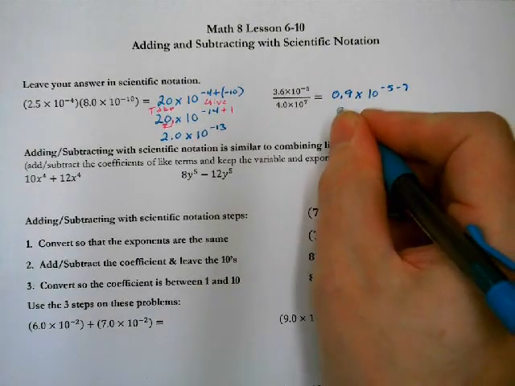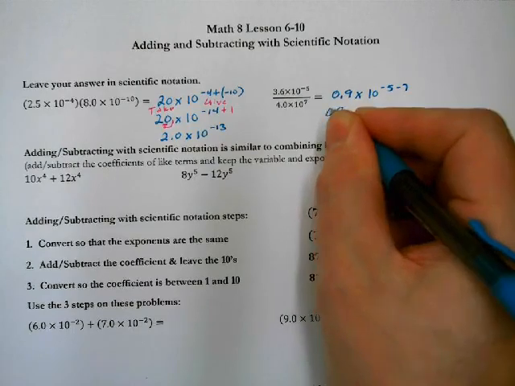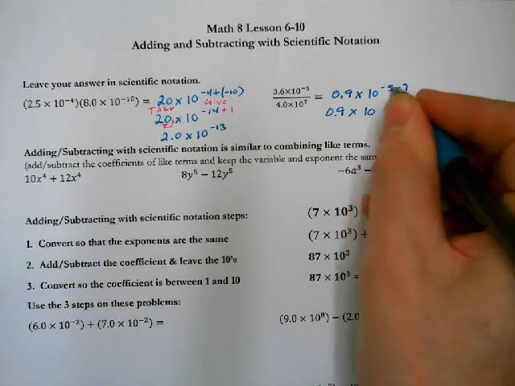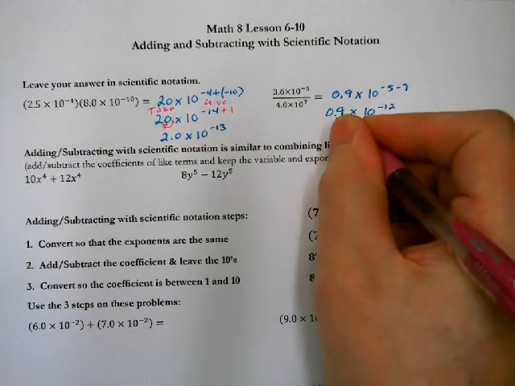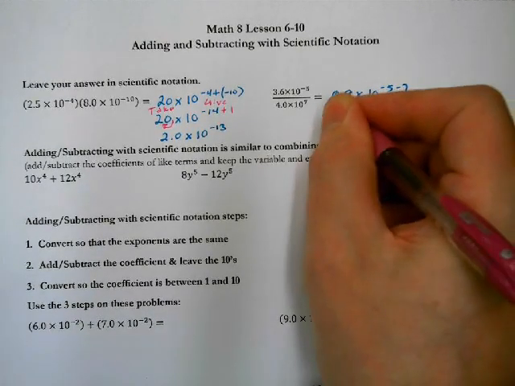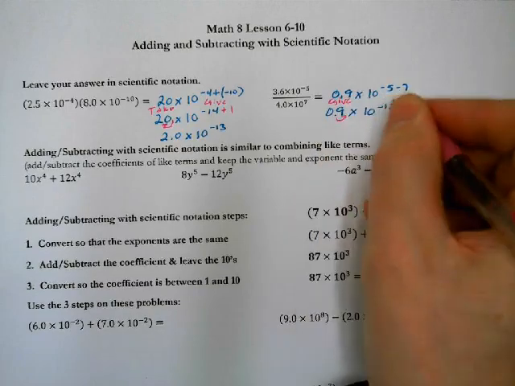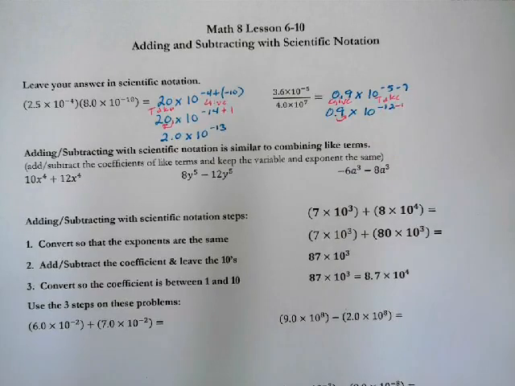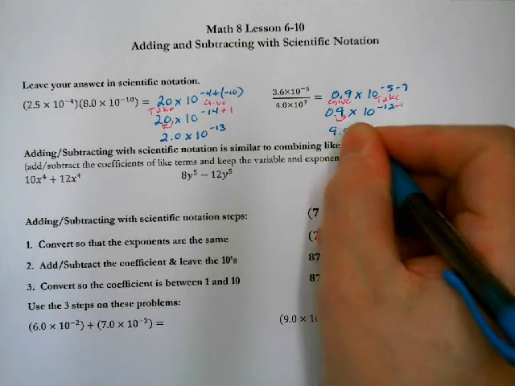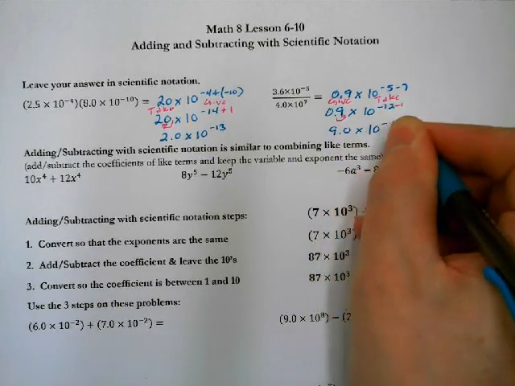Okay, so we end up with 0.9 times 10, and then -5 minus 7 is -12. I need to give this one a power of 10. That means I'm going to take a power of 10 over here. So I end up with 9.0 times 10 to the -13th.